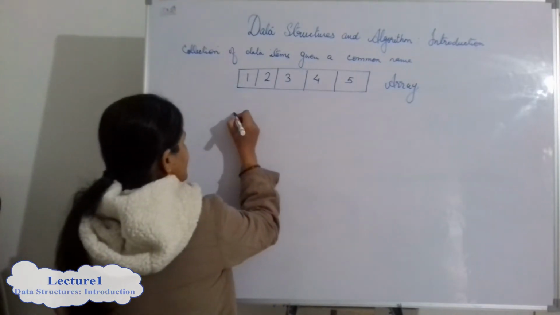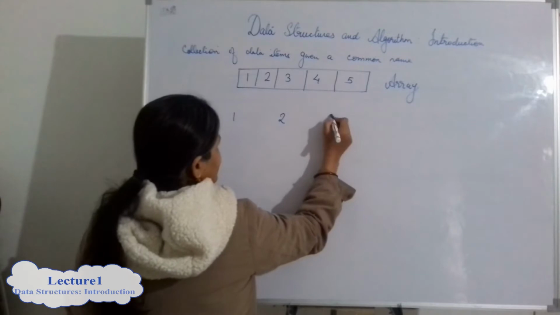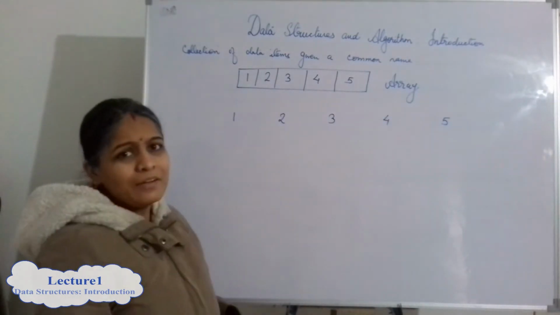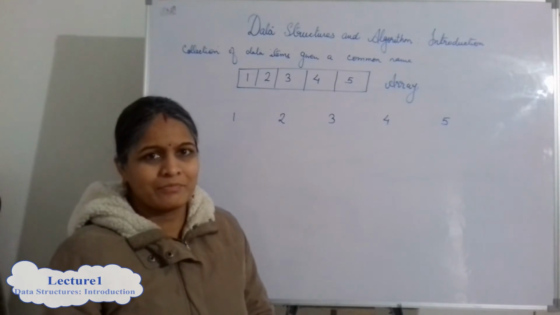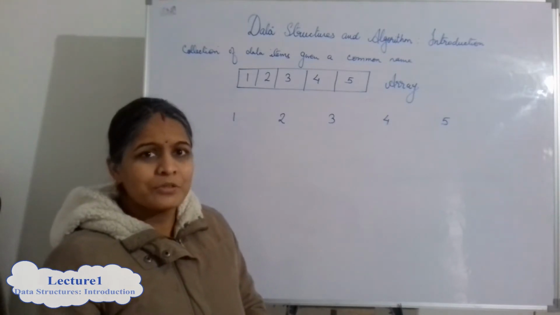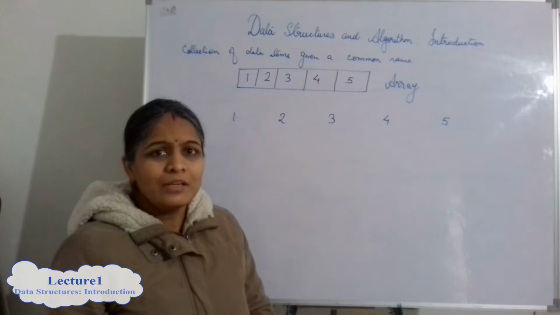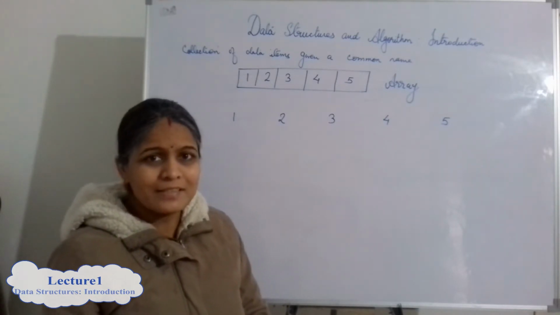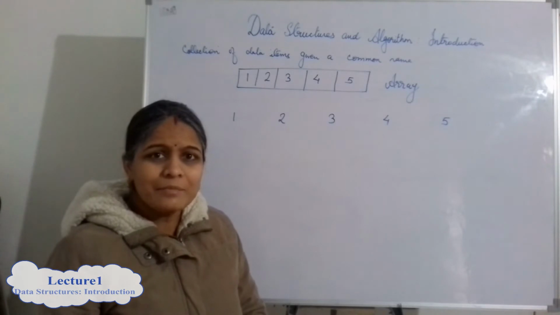If we arrange these 5 items in form of a list, and together with the item we store the address of next element using the pointers, then this data structure becomes linked list.